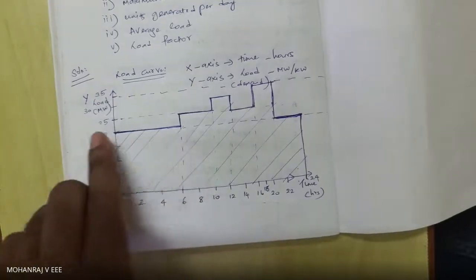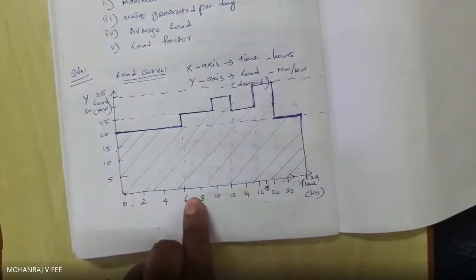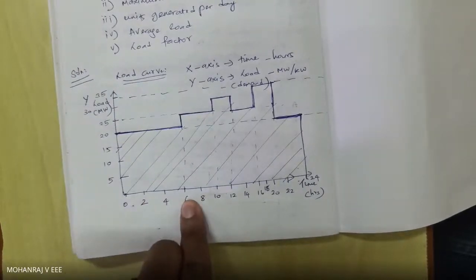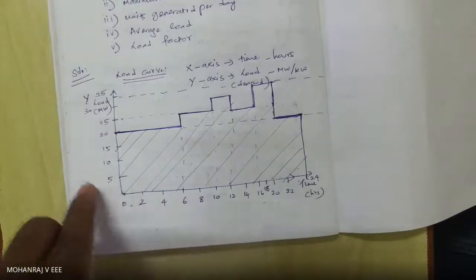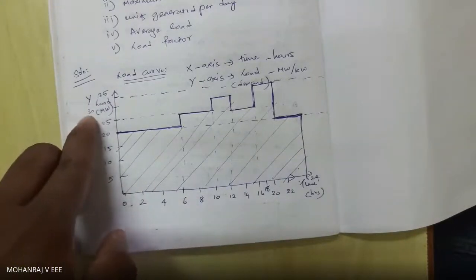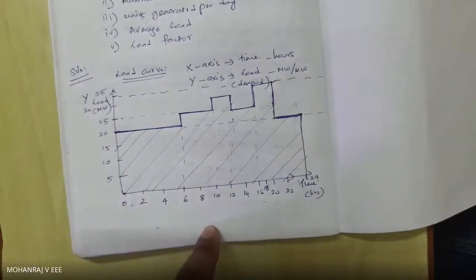Now from 0 to 6 hours, along the y-axis from 0 to 20, it resembles a rectangle. So what is the area under a rectangle? It is length into breadth.